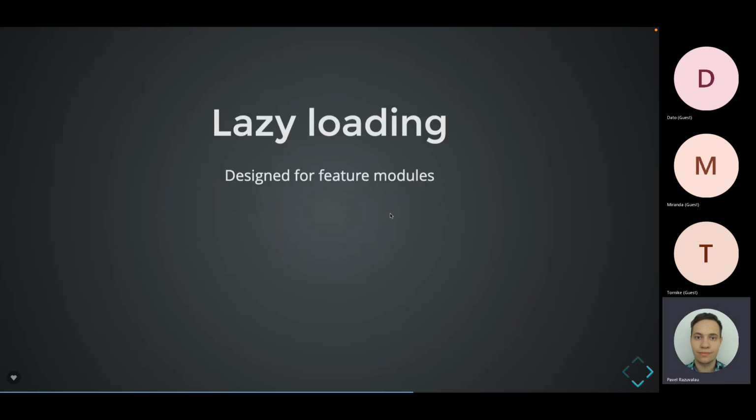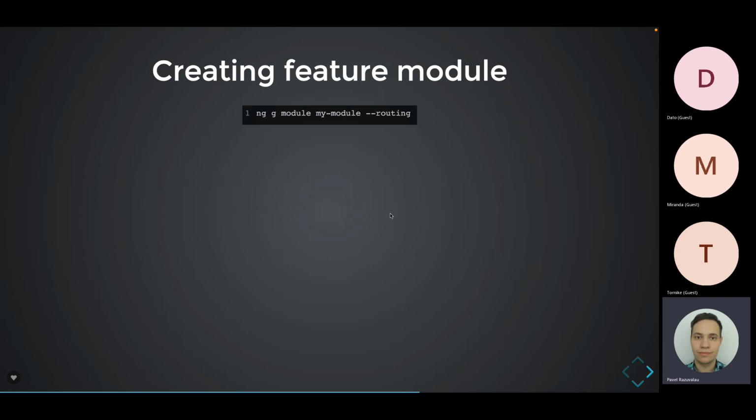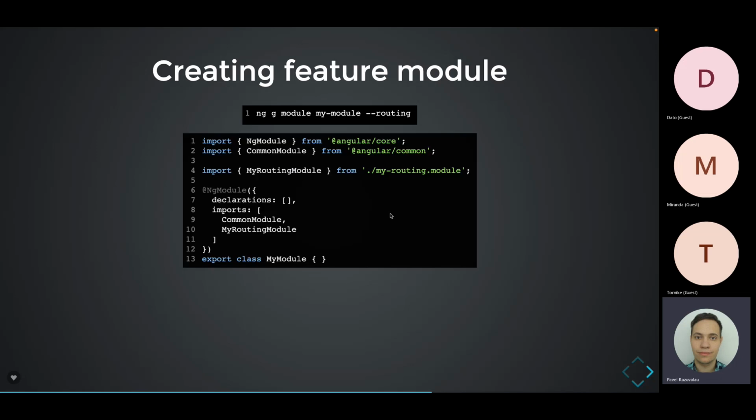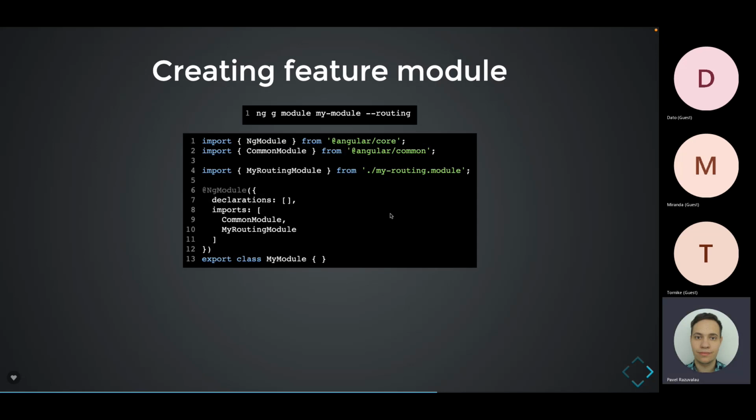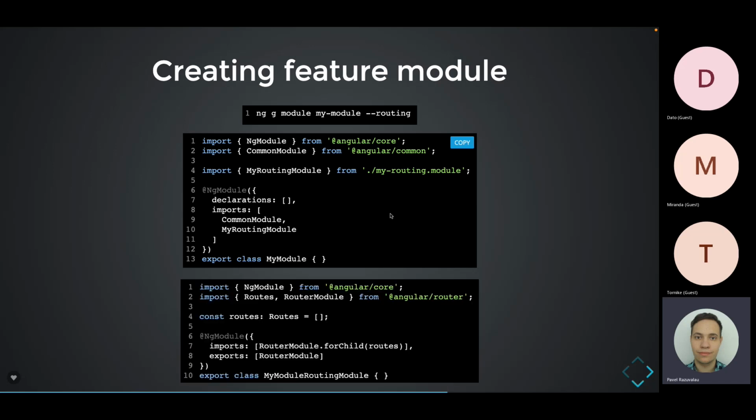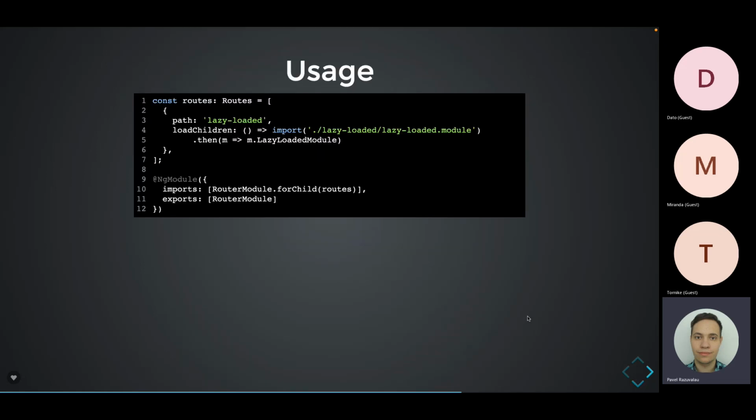To start using the feature module, we're going to create a new one via the following command. The following module will be created with the routing module with its content, as I presented to you previously. In order to use the lazy loaded module, we're going to define the path inside of the app routing module.